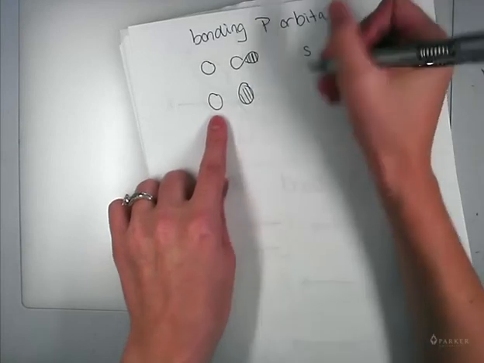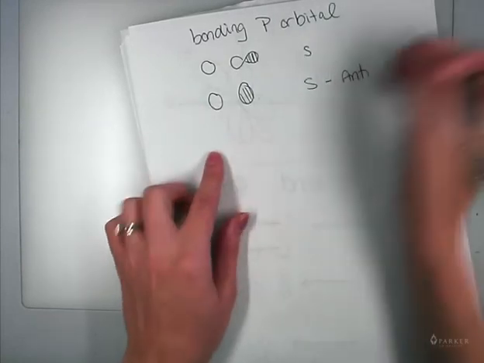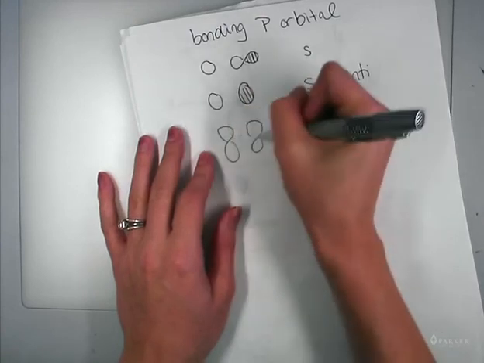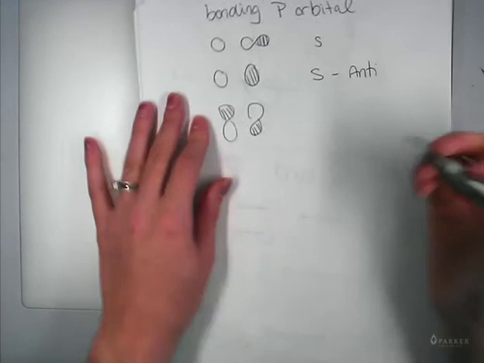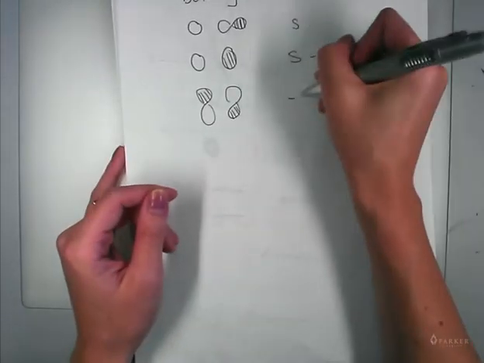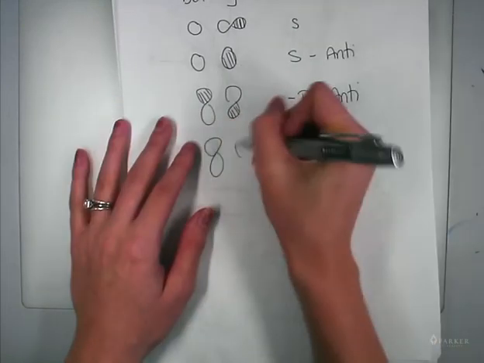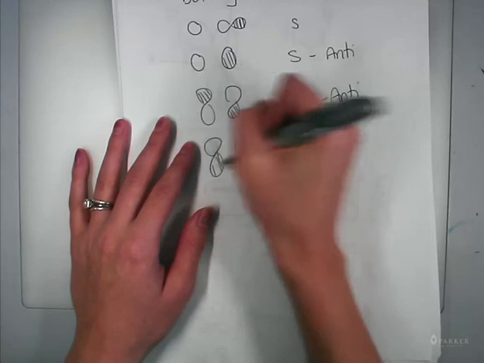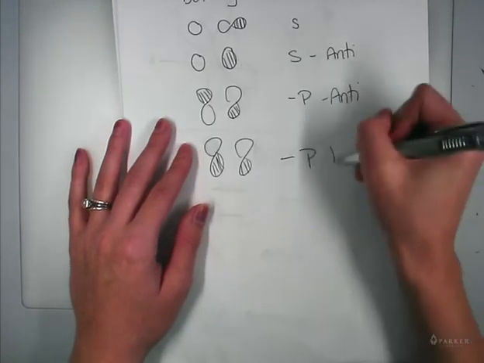That's an S, yeah, anti. Let's see if we had here. Here. That's a P, right? That's anti. So that doesn't work. Then I'll just do this last one, looks good. And then that would be the P bonding.